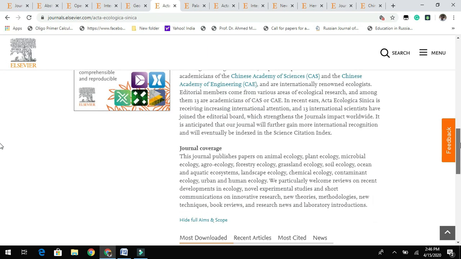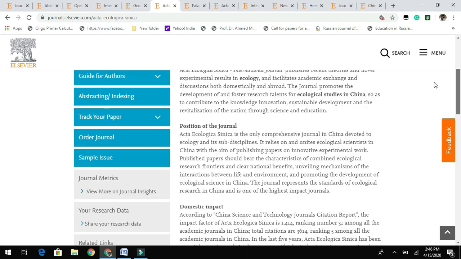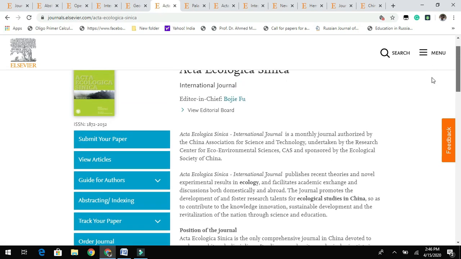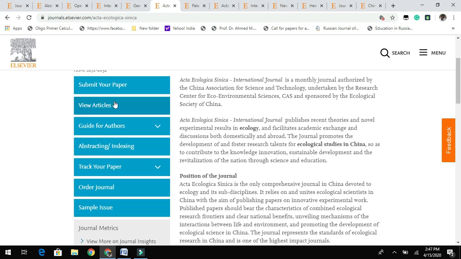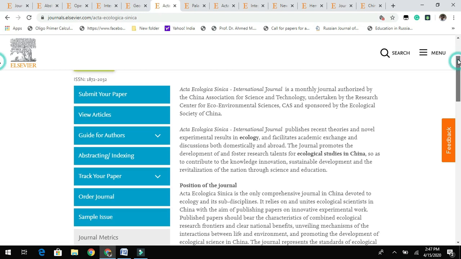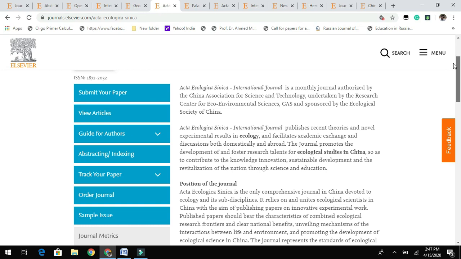So let us see whether this journal has any indexing or any open access fee. So where can we find it?